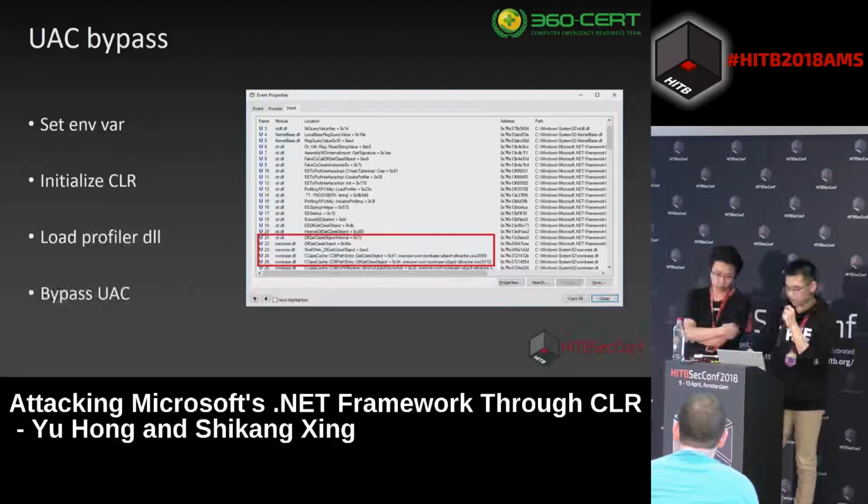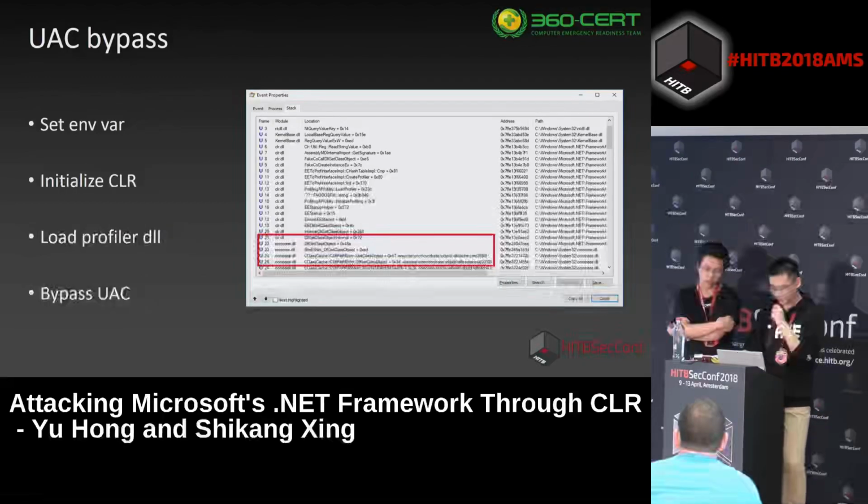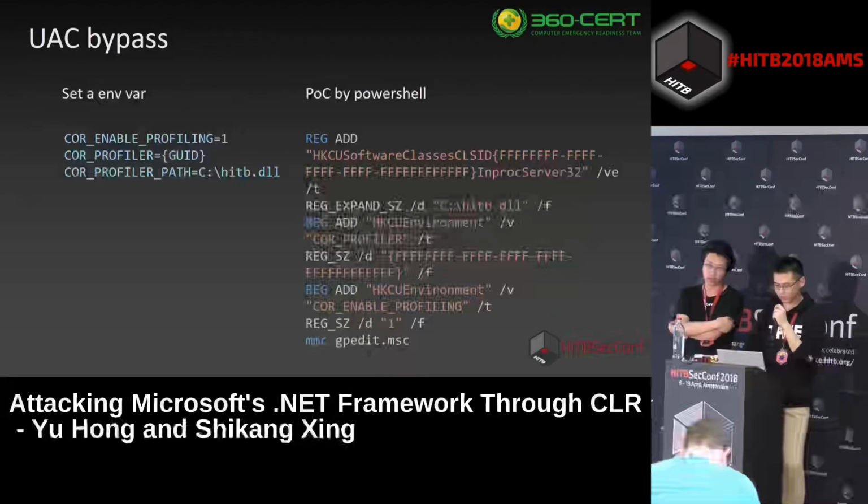The .NET framework can be made to load a profiling DLL or component DLL via user-defined environment variables and class ID registry entries. It can be exploited to bypass UAC in different settings on Windows 7 to 10.